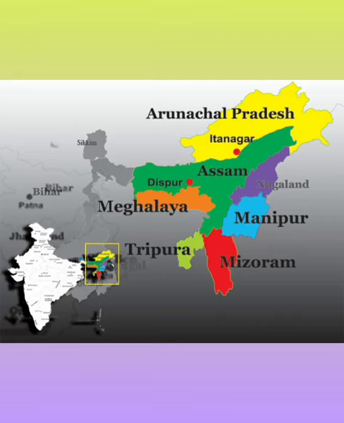The 7 states present in the northeastern part of India are also called the Seven Sisters. They are Arunachal Pradesh, Assam, Meghalaya, Mizoram, Nagaland, Manipur, and Tripura.